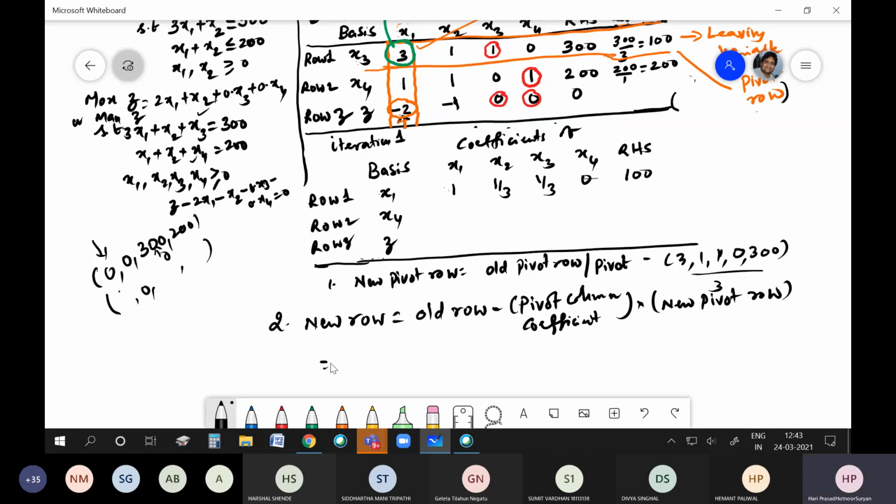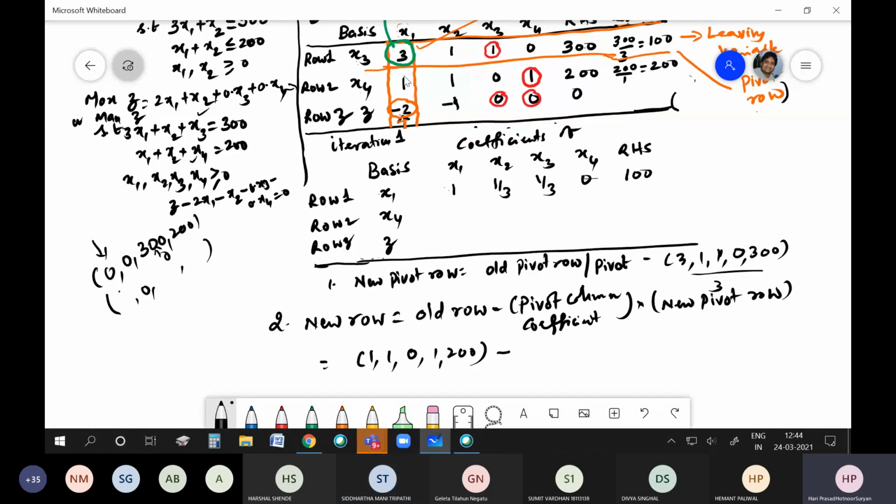Okay, so what is the old row for this? For the second constraint, this is 1 1 0 1 200. This is the old row corresponding to the second constraint. Minus what is the pivot column coefficient here?